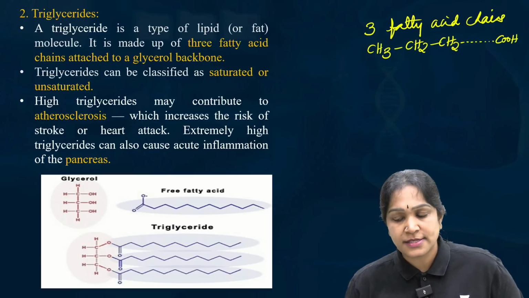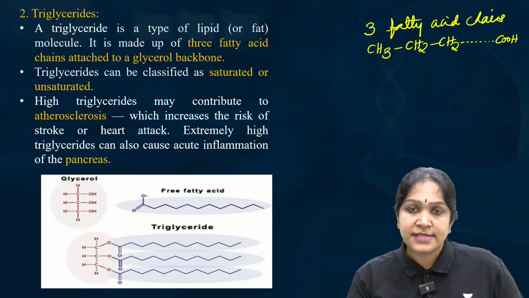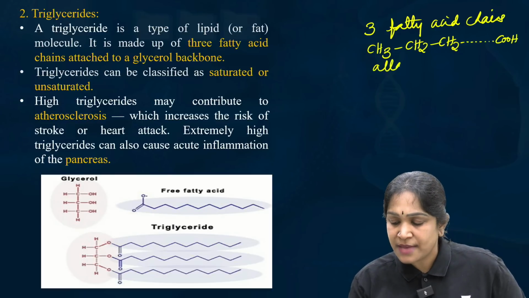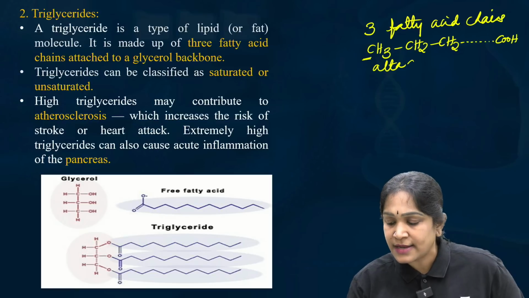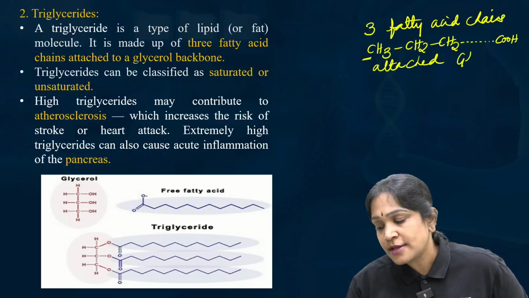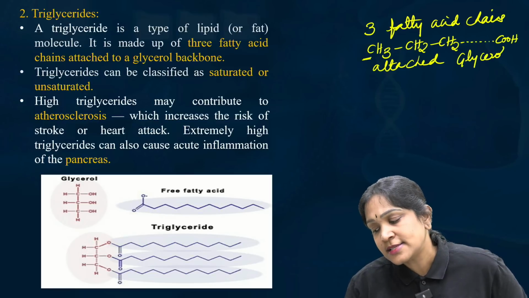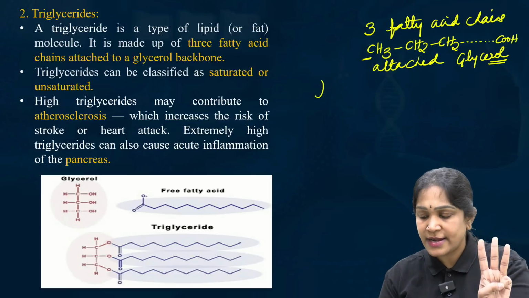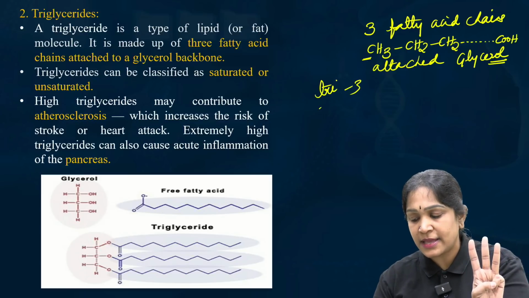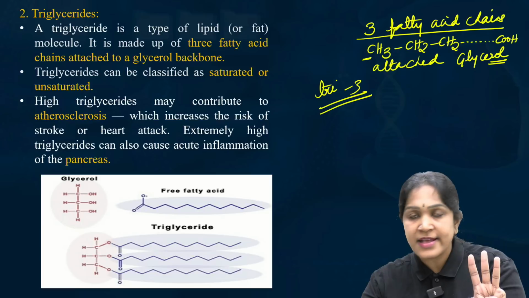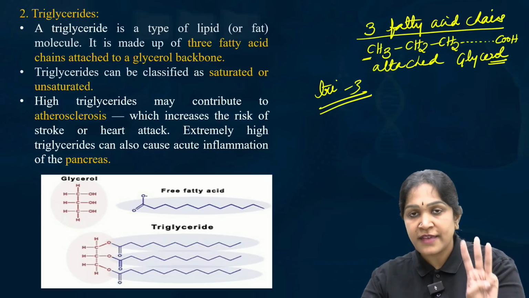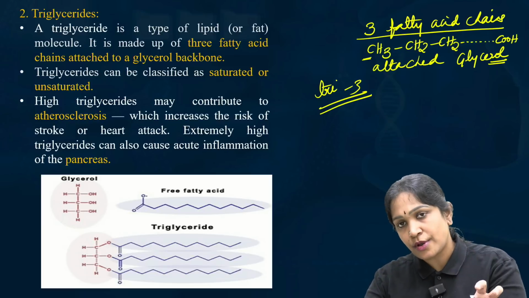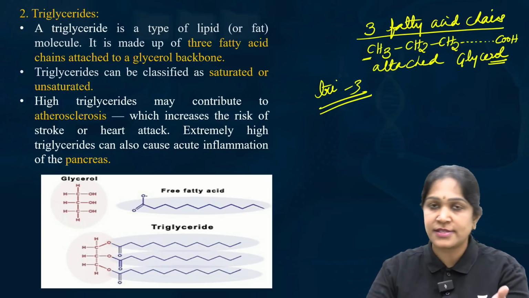Three such fatty acid chains are attached to a chemical called glycerol. They are called triglycerides. Tri means 3, because 3 fatty acid chains are attached to glycerol. So therefore they are called triglycerides.